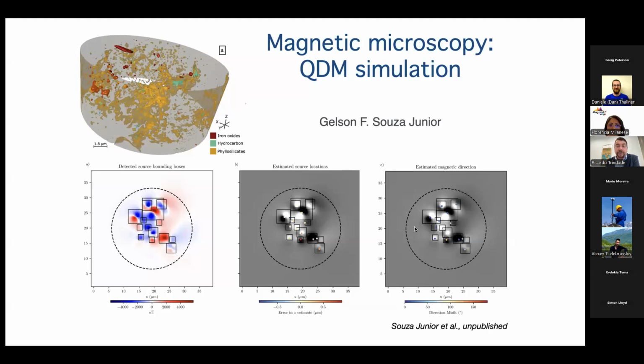Based on the magnetic map, this technique is able to find the X, Y, and Z location of the grains in a very robust way. This information is then used in the inversion of the magnetic moment of the particles from the magnetic microscopy results.